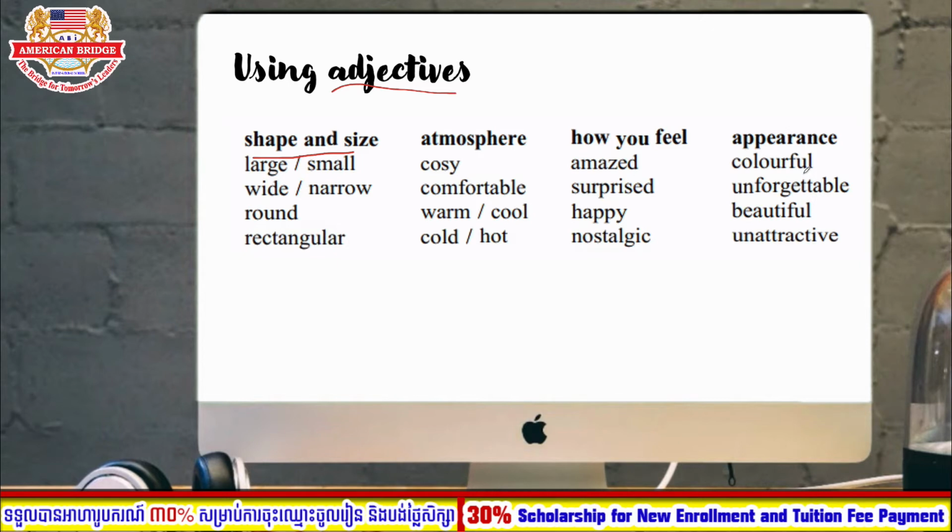These are just some examples of adjectives that you can use to describe people, places, and animals. If you write a paragraph to describe someone, about their appearance or their characteristics, this paragraph is called a descriptive paragraph.